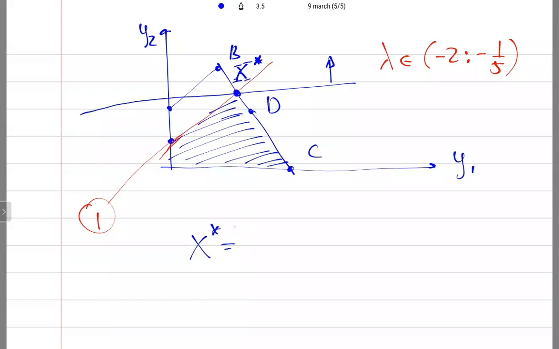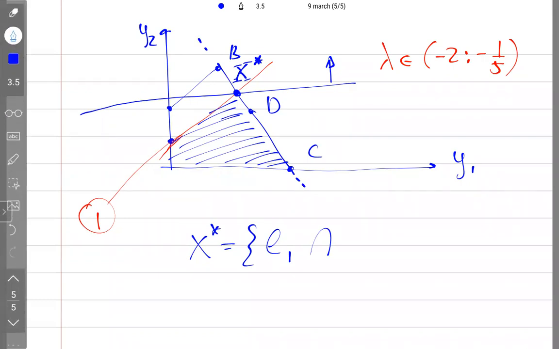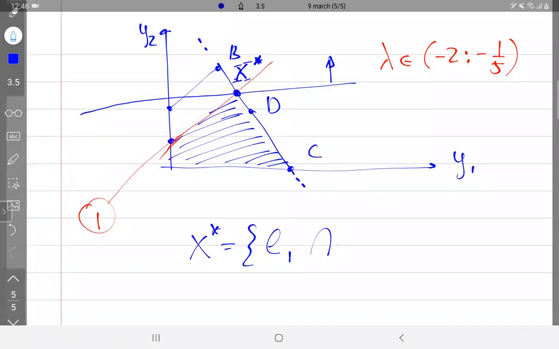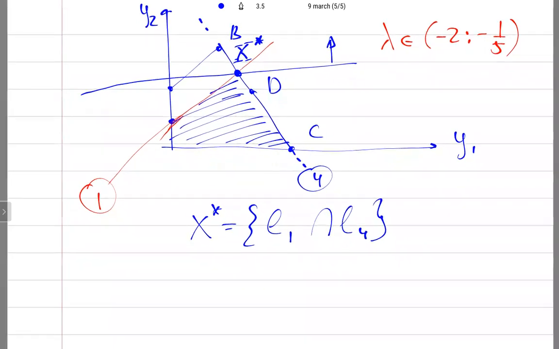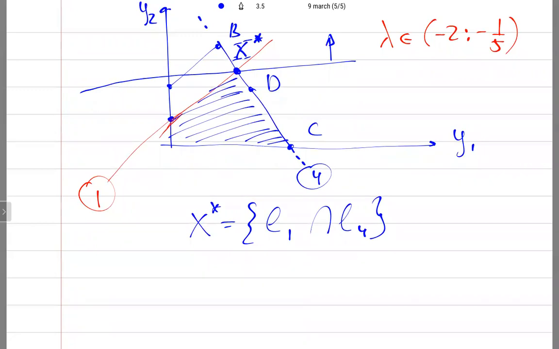X star will be the intersection of line 1 and, I have forgotten the number of the line which goes from B to C. It was 4? That is 4, yeah? Okay, so I calculate lambda y1 plus y2 equals 1.